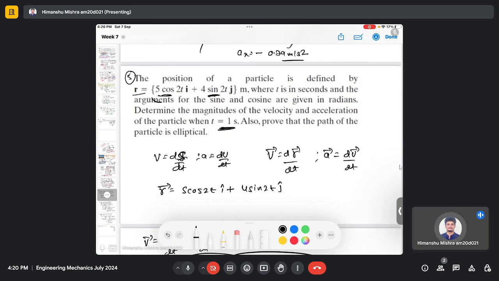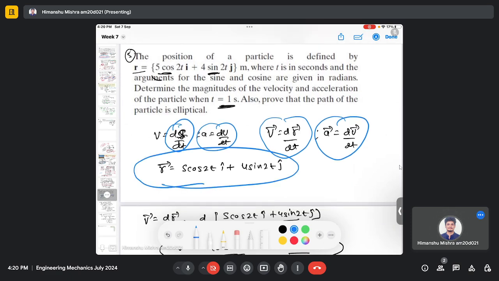Previously my velocity was given as the rate of change of position in time, but now it will be the rate of change of position vector in time. Similarly, my acceleration was given in the earlier problem as the rate of change of velocity in time, but now in this problem it is the rate of change of velocity vector in time. So you need to consider the whole vector.